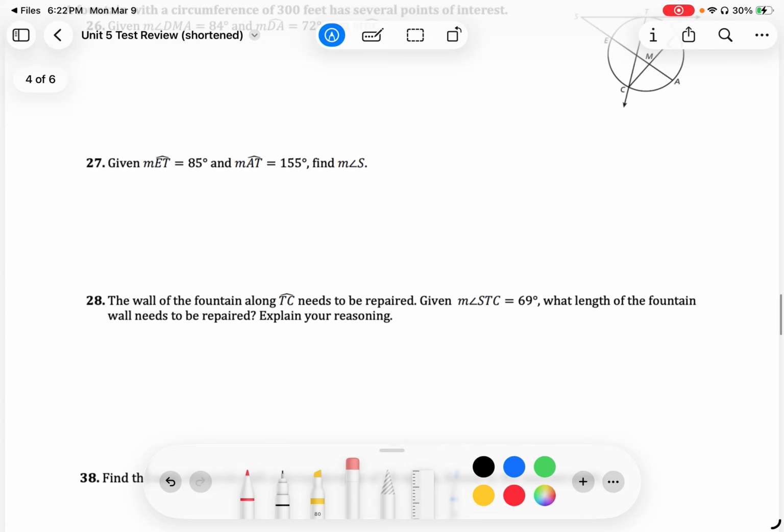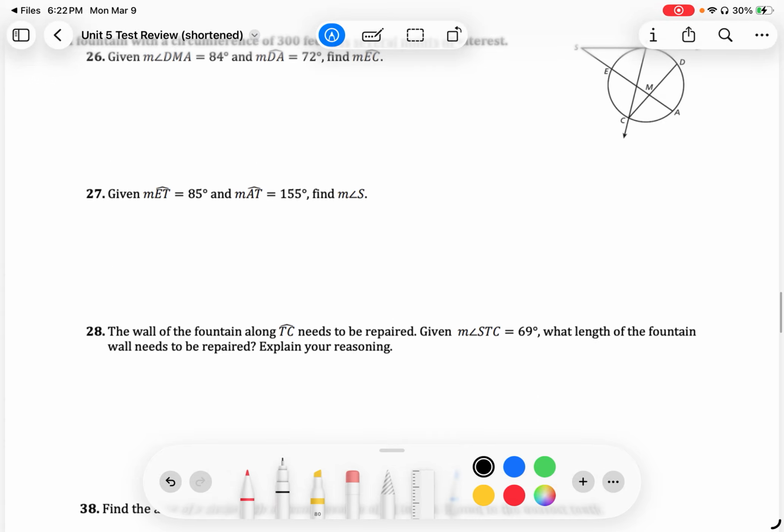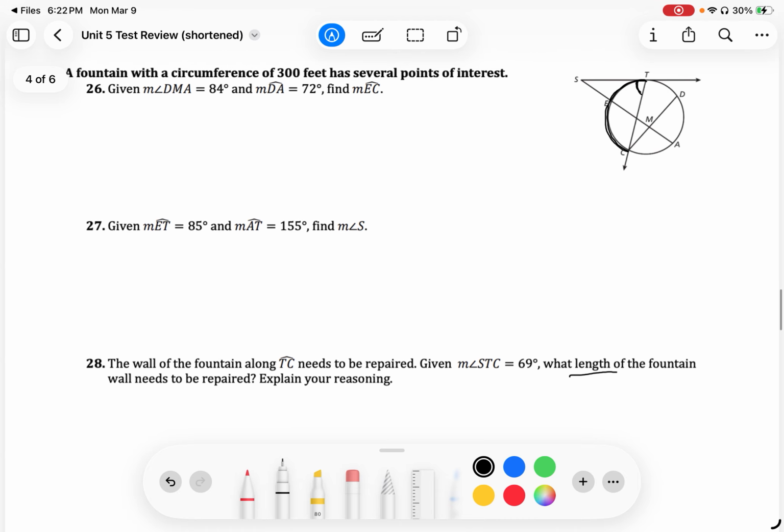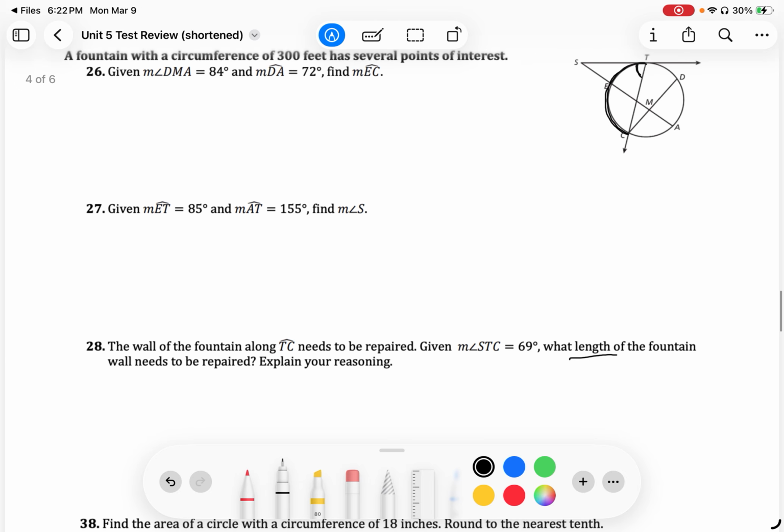The wall of the fountain along arc TC, right here, needs to be repaired. Given the measure of angle STC, this angle right here, is 69 degrees, what length of the fountain wall needs to be repaired? Let's find the measure of that arc.